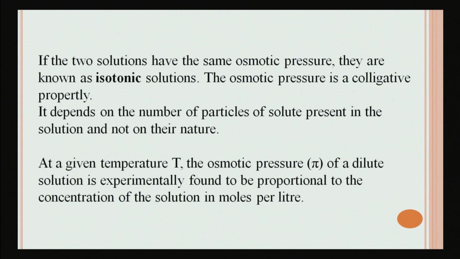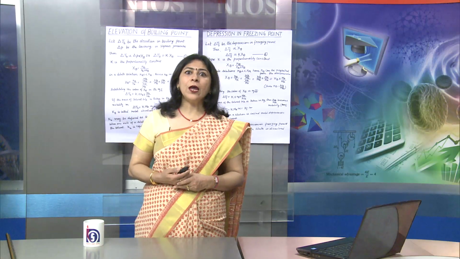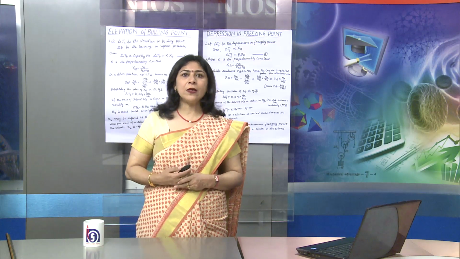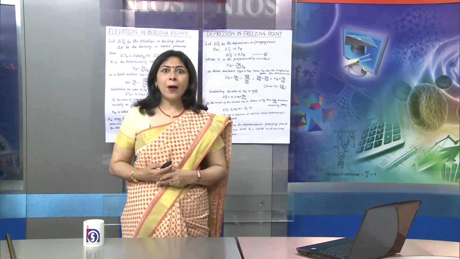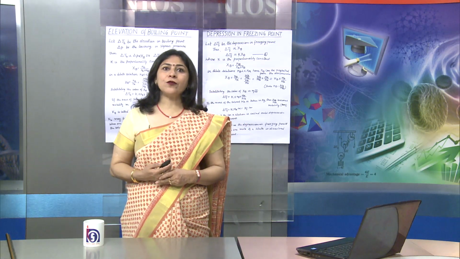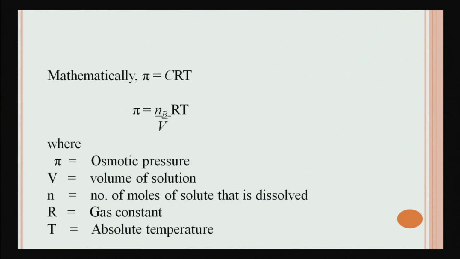At a given temperature T, the osmotic pressure, denoted by pi, of a dilute solution is experimentally found to be proportional to the concentration of the solution in mole per liter. Let us do this mathematically. Pi, that is osmotic pressure, is equal to CRT, where C is the concentration.